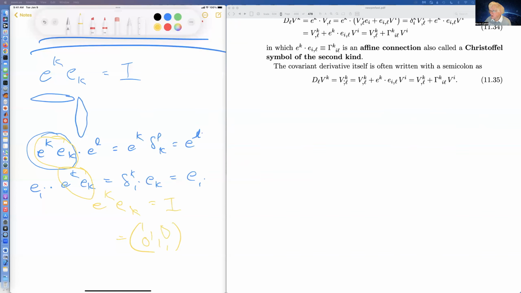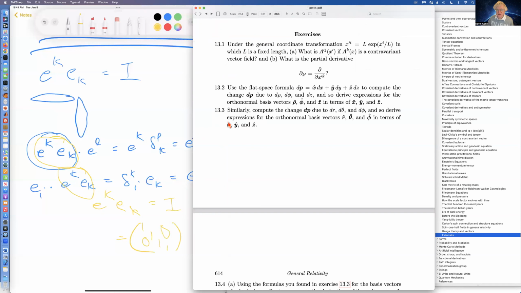So here are the exercises, the problems 13.1 and 13.3, and this is all being recorded, at least I hope this is the screen that's being recorded. So I'm going to stop now, and you'll be able to read it on YouTube if you don't have a copy of the book. All right, so I'm going to stop.